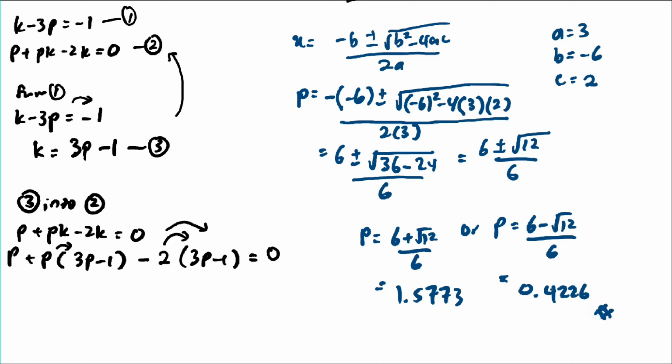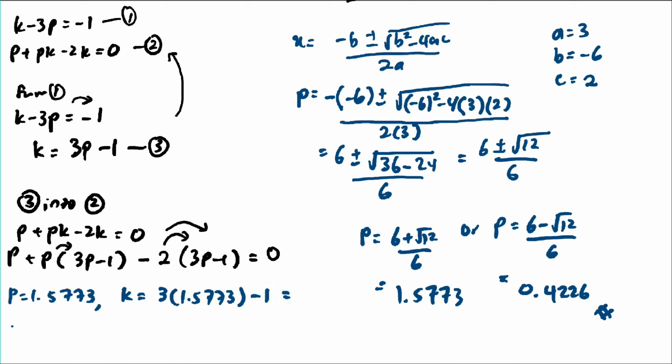So you have to find k. When you have p, you can find your k. Here, k is equal to 3p minus 1. When p is equal to 1.5773, k is equal to 3p minus 1, which is 3 times 1.5773 minus 1.